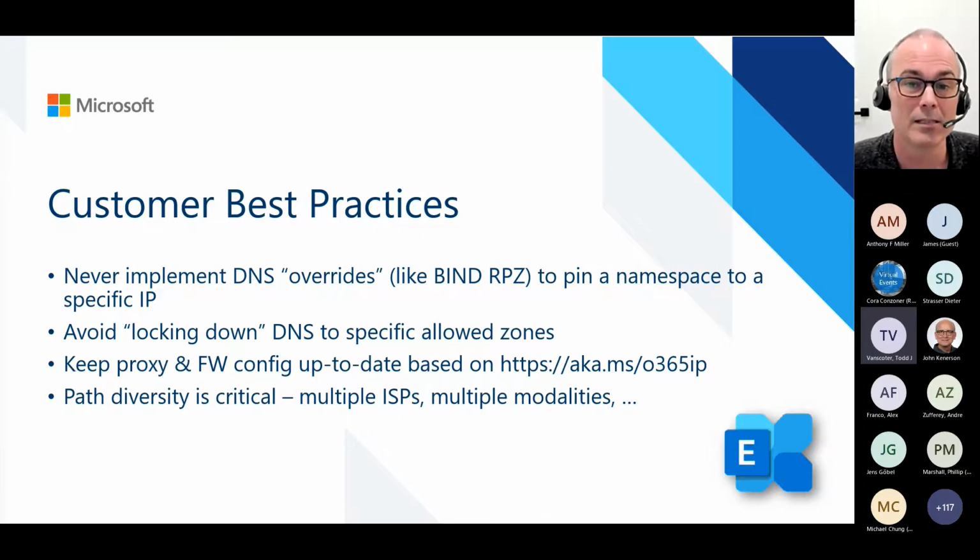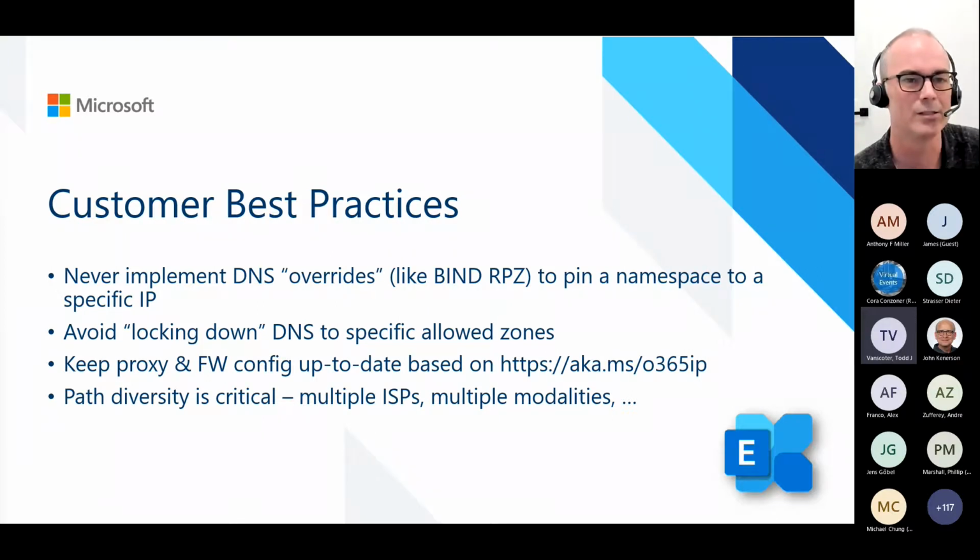So from a best practices perspective, when we think about detection and recovery, we want to make sure that our customers are not doing anything funky with DNS behind the scenes. We do have cases where we've worked with customers who are effectively trying to pin the location that their traffic is hitting via DNS overrides.